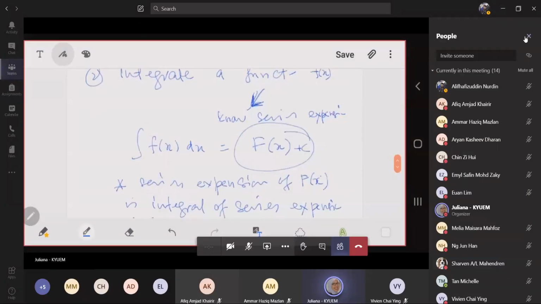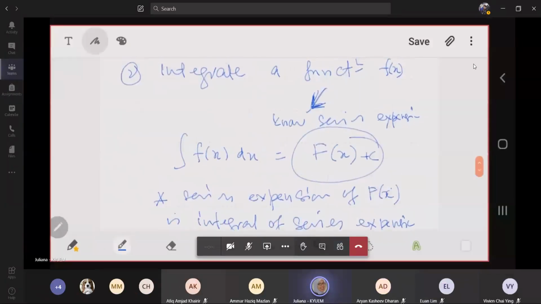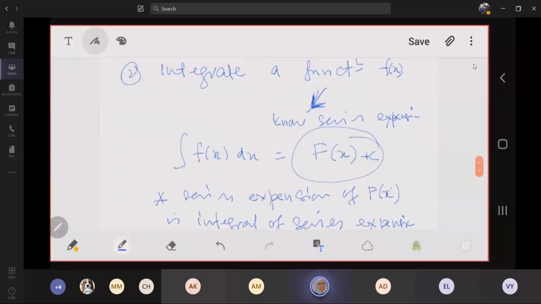Maclaurin series. Sometimes it's not easy to differentiate the function itself. So if you know the series expansion of that function, then you just differentiate that series expansion to get a series expansion of the derivative, or integrate it to get the series expansion of the integral of that.